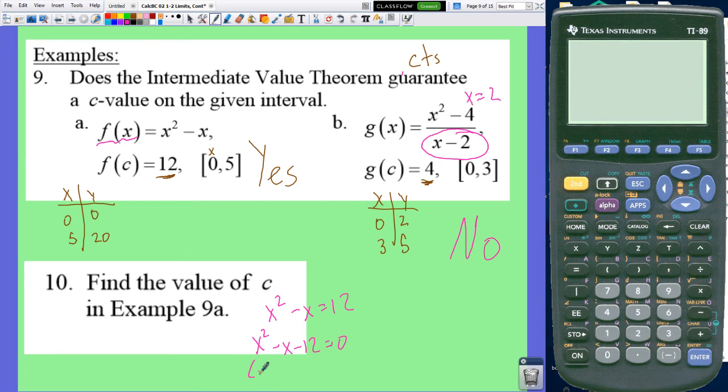Again, you can use the x factor thing, but it's going to be x minus 4 times x plus 3, because those multiply to negative 12 and add to negative 1. That means my two solutions are x equals positive 4 and negative 3. Which of those values is between 0 and 5? 4. So c equals 4 is the answer, where f of c is 12.